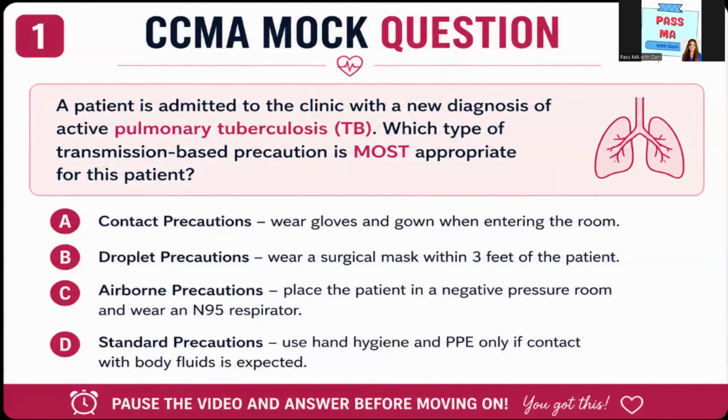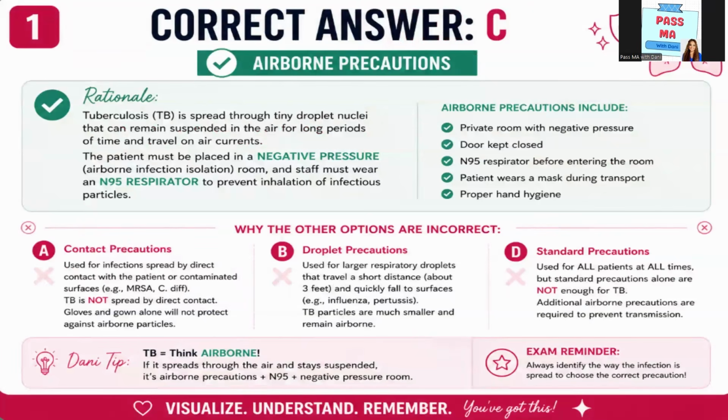Now take a second, pause if you need to, and think about your answer. Now, the correct answer for this is actually going to be C. Tuberculosis is spread through tiny droplets that actually can remain suspended in the air for long periods of time, and they can actually travel through air currents.